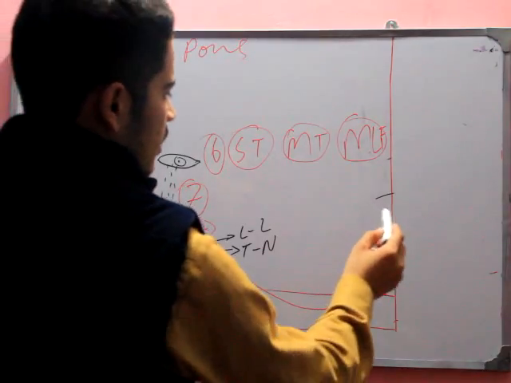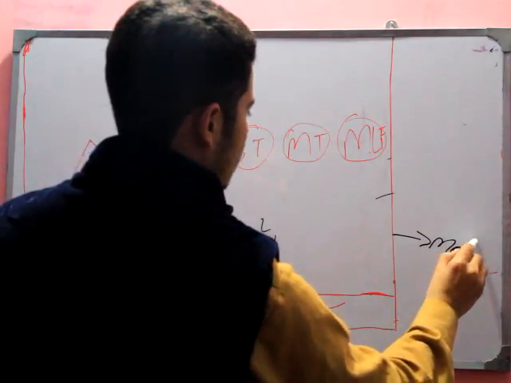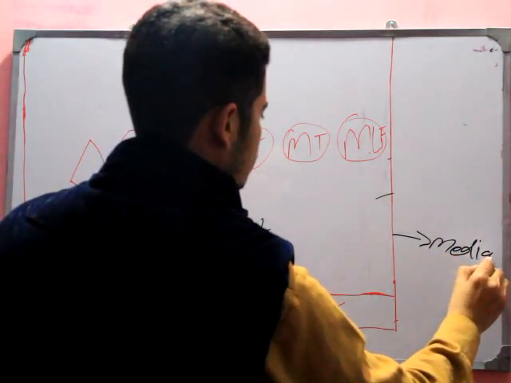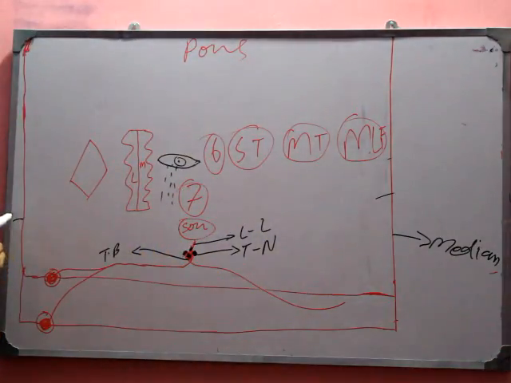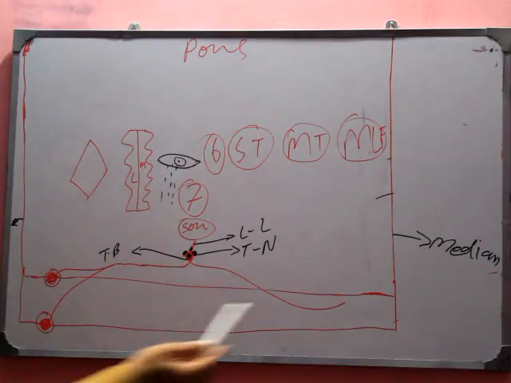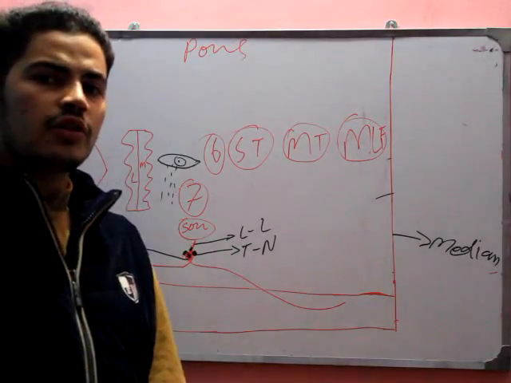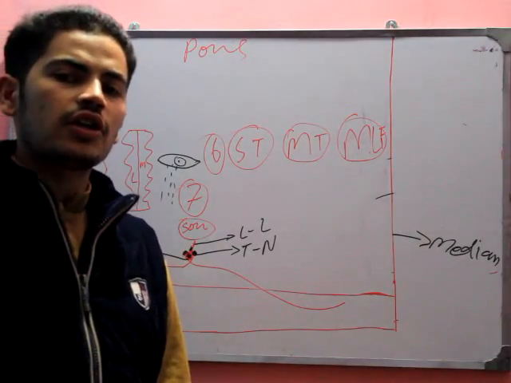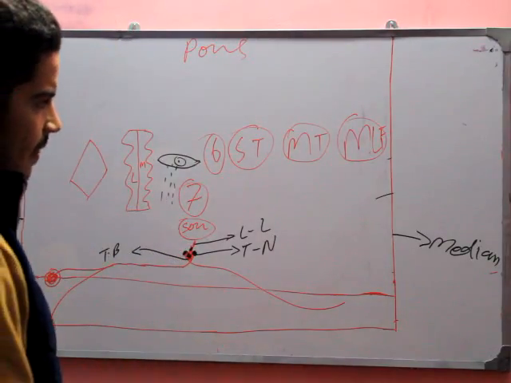So take this as the median line, and take this as the most lateral boundary of the pons. So starting from the most medial nuclei towards the most lateral nuclei, we will study these nuclei as such.